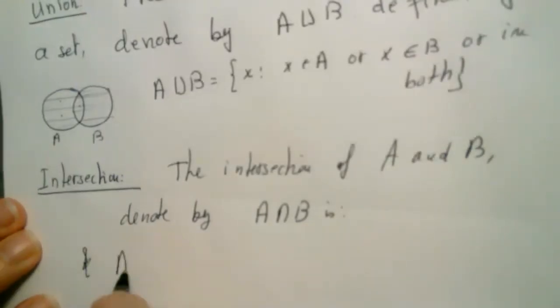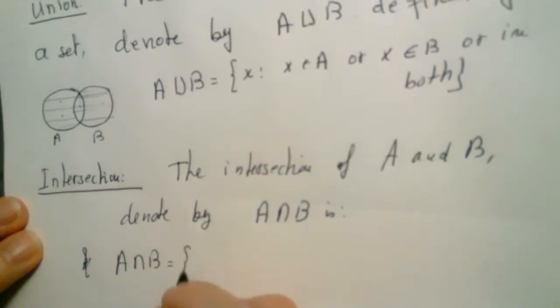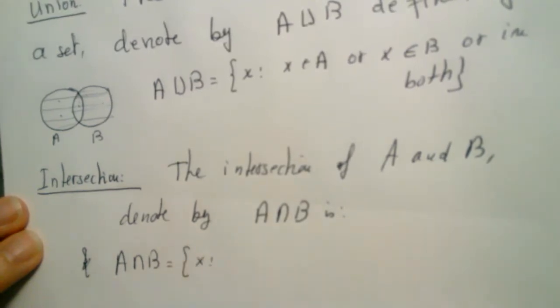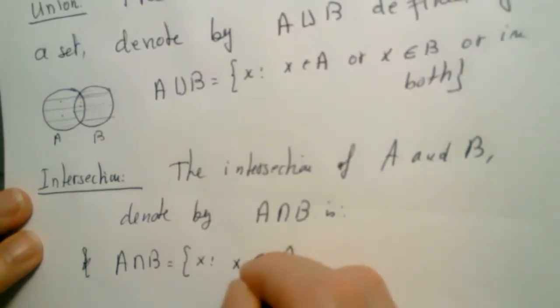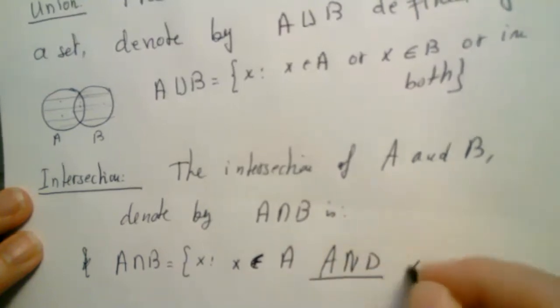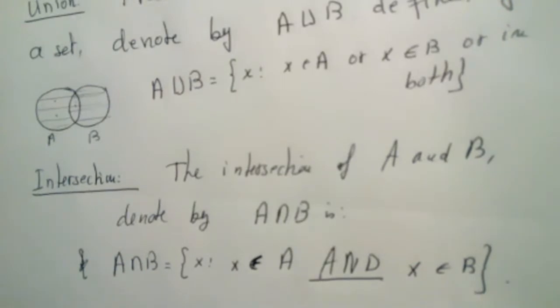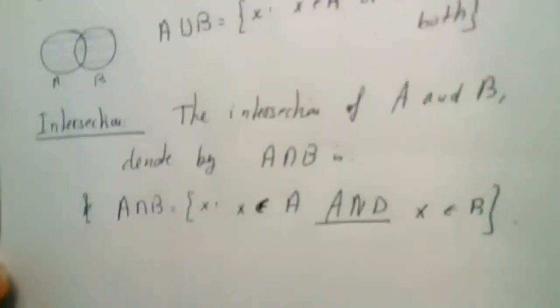A intersect B is all the x such that x is an element in A and x is an element in B. Okay, there are two more operations.